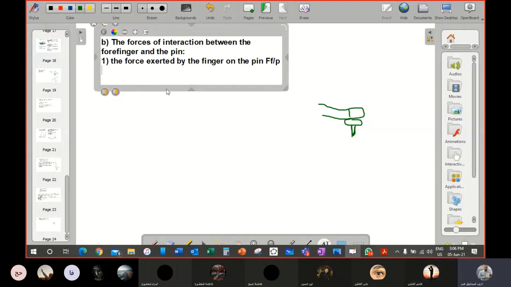What are the characteristics? First, point of application. Contact point between the finger and the pen, or you can give it a name. Between the finger and the pen.